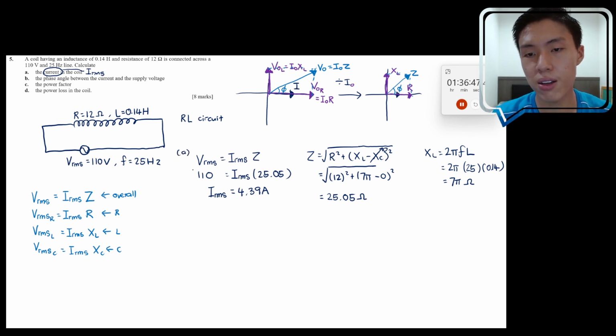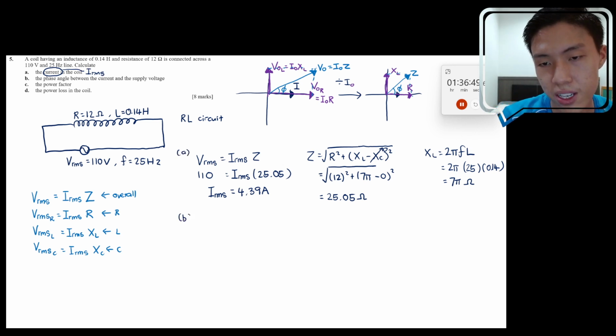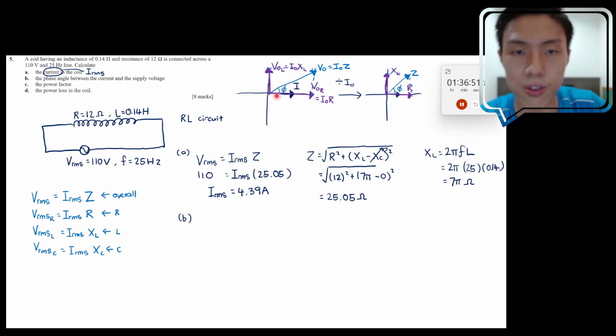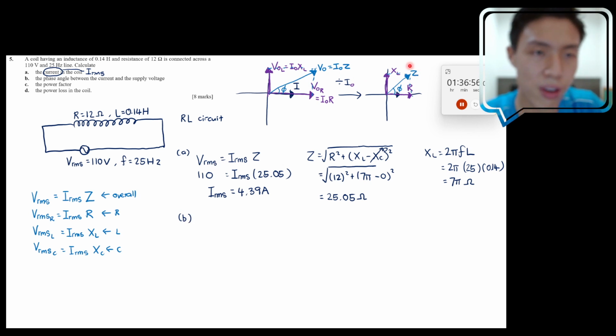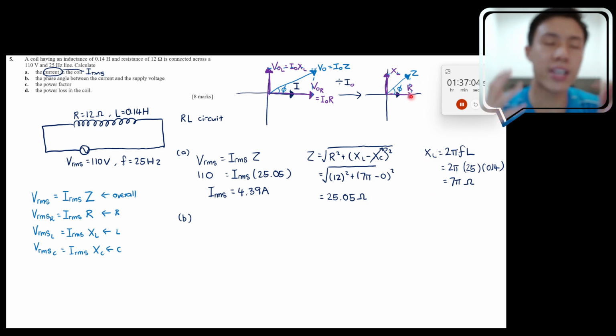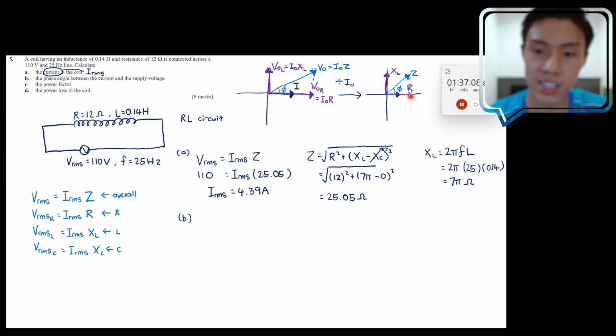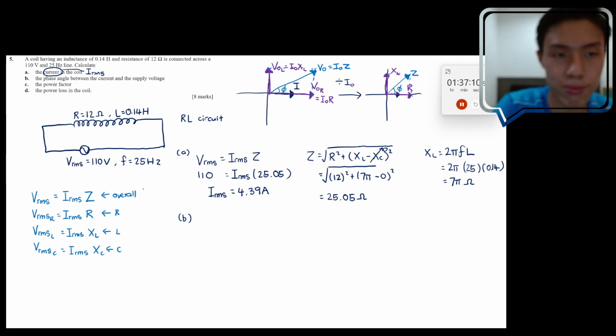Next, question B, the phase angle. Phase angle is this angle over here. It can be found using various ways. You have your impedance, you have your XL, you have your R. You have all three values here, so trigonometry allows you to use many different methods to find it. Let's use tangent.